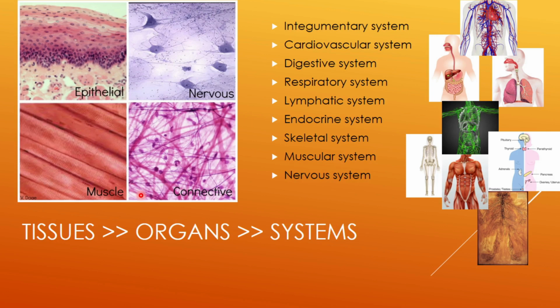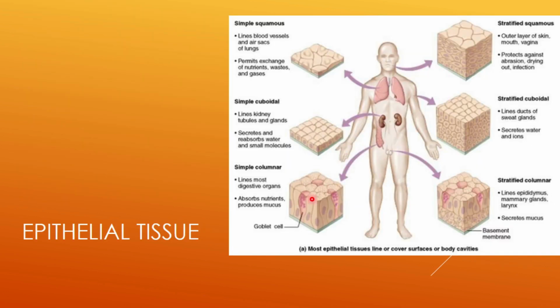So there's a list here of many of the systems of the body. This is not them all, but they are systems that you're going to come across during your studies. So the following slides give examples of different types of epithelial and connective tissues. From here, we're then going to move into a deeper exploration of the skeletal and muscular systems.